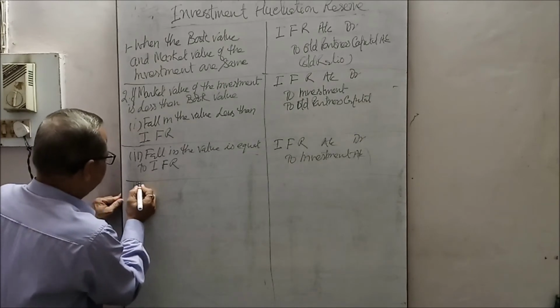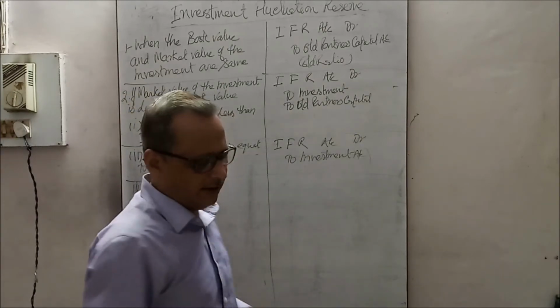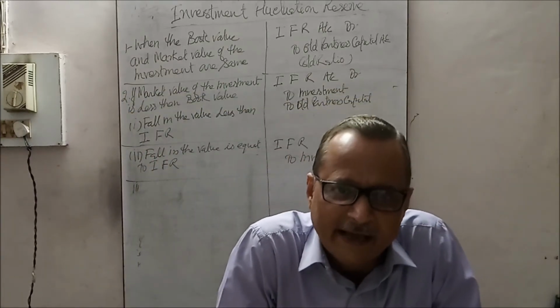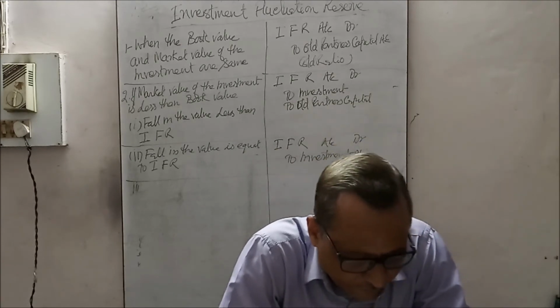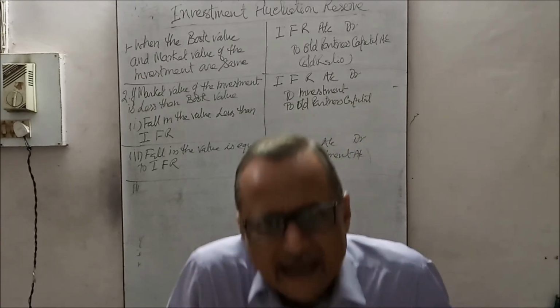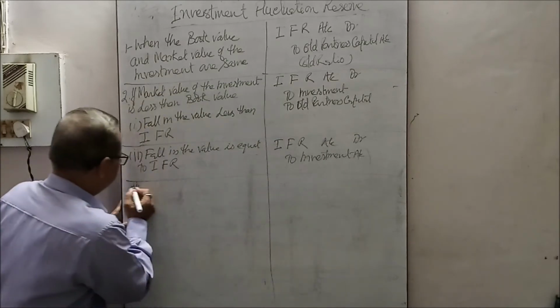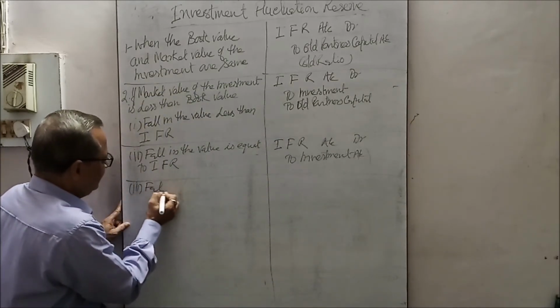And case 3 under the second one, under case 2 sub case 3: the fall in the value is more than the investment fluctuation reserve.